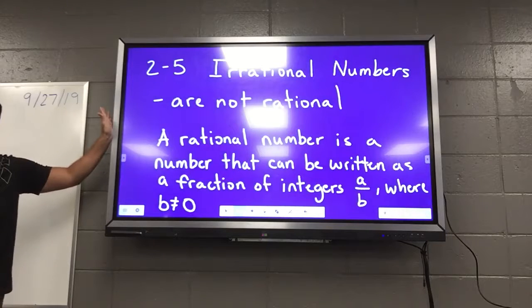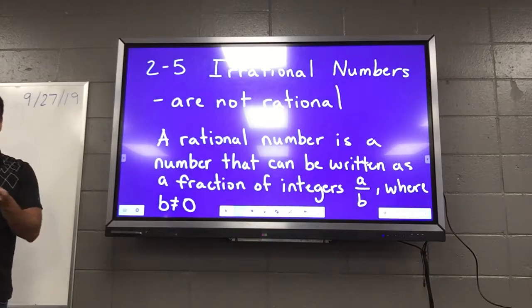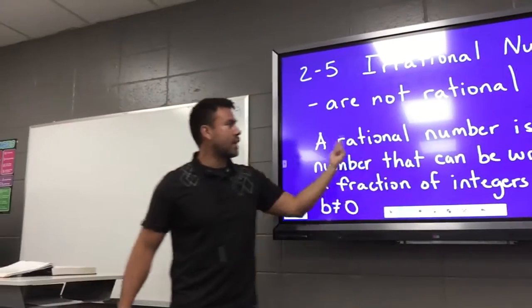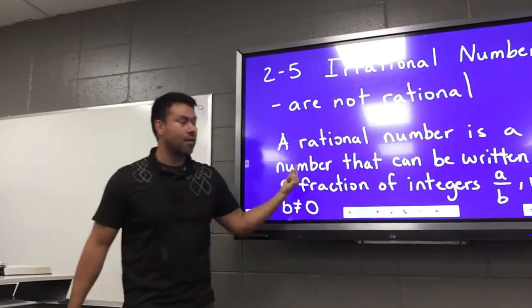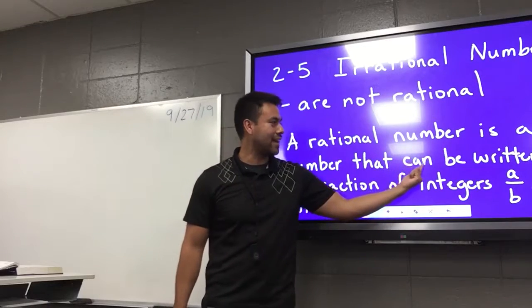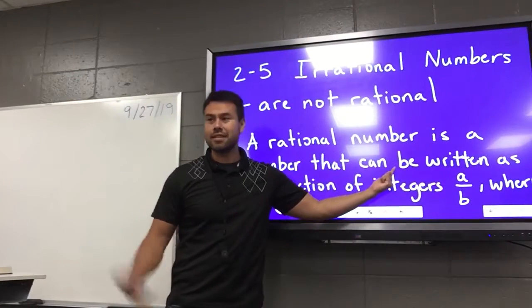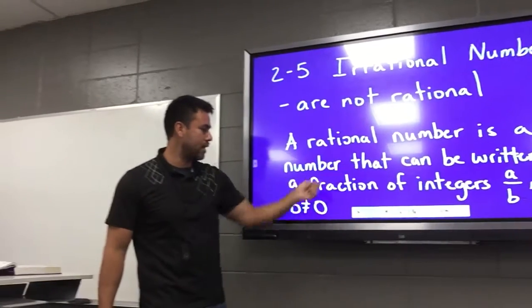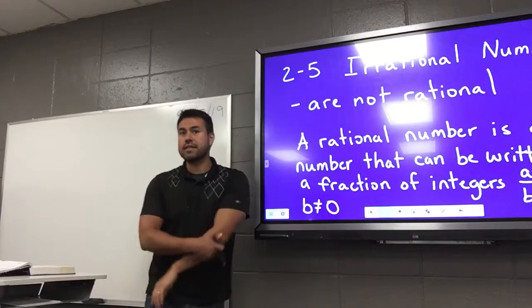So the technical definition for an irrational number is a number that there's just one difference, that cannot be written as a fraction of integers A over B, where B does not equal 0. That's it.